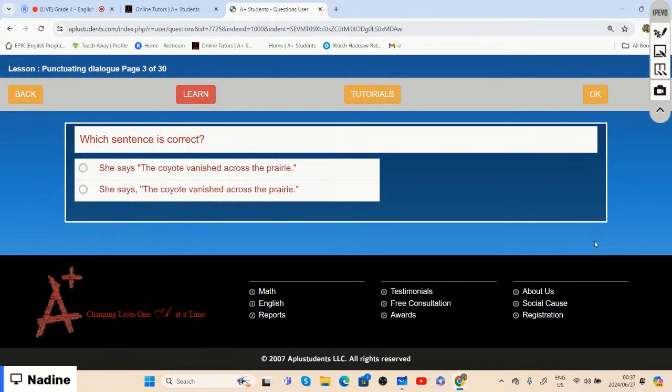Option one without a punctuation before a quotation mark, or option two with a comma before the quotation marks.